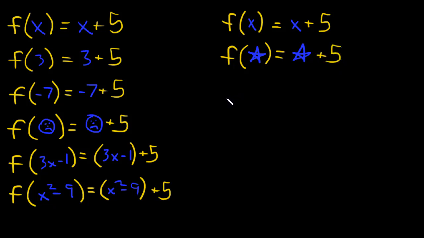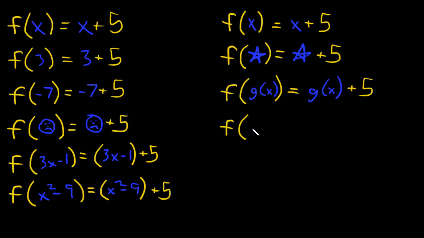All right, now what about this? f of, oh, let's just make something fun, g of x. What would that give me? Well, that would just be g of x plus 5. Okay, I just do straight substitution. Well, what would f of, oh, I don't know, f of x be? It looks strange, but it's just patterning. Well, that would be f of x plus 5.